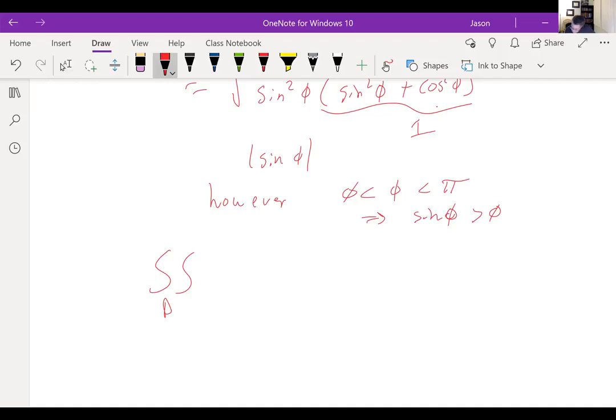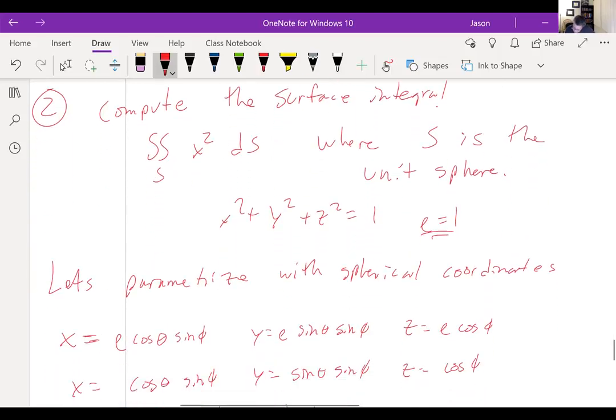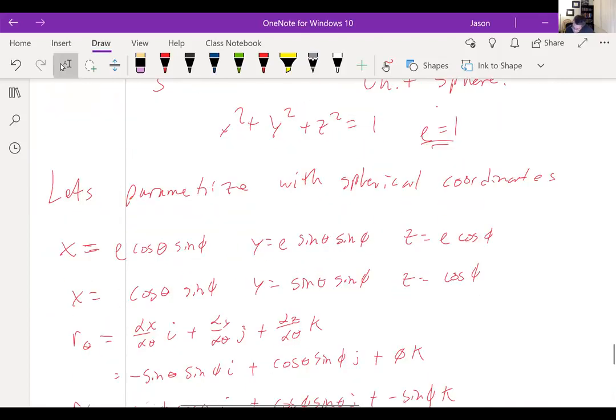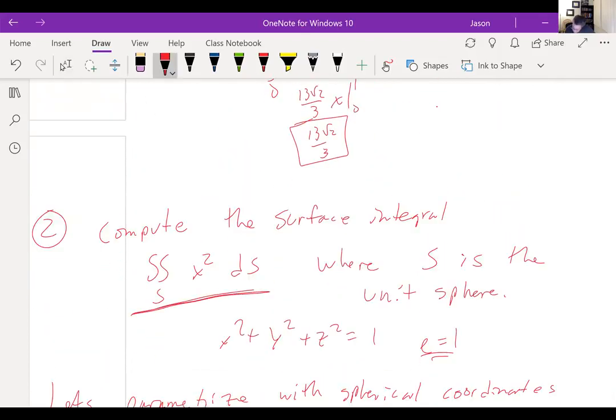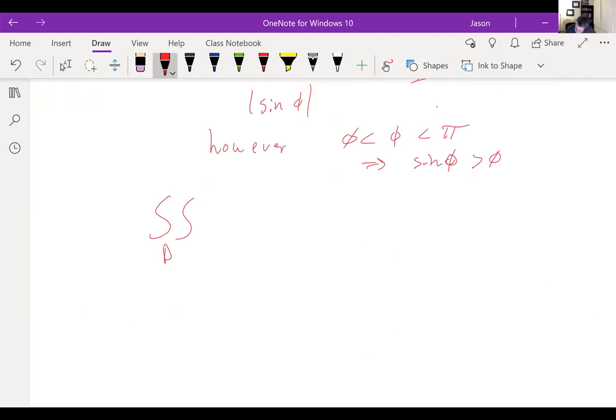We want to parameterize this thing and turn it into a double integral that involves f of r of u, v, but in this case it's theta and phi, r of theta and phi, and then the magnitude of r theta cross r phi dA.